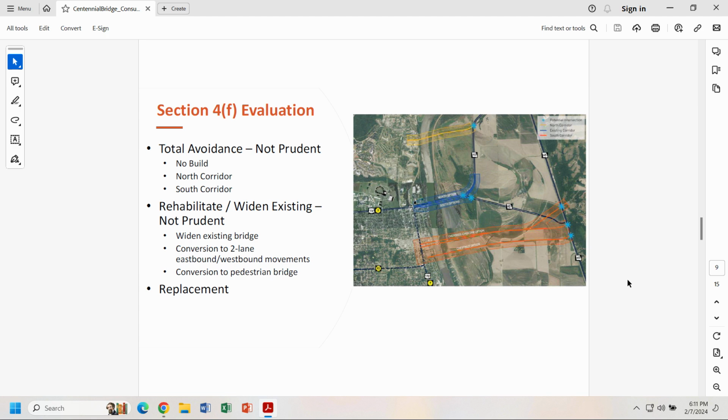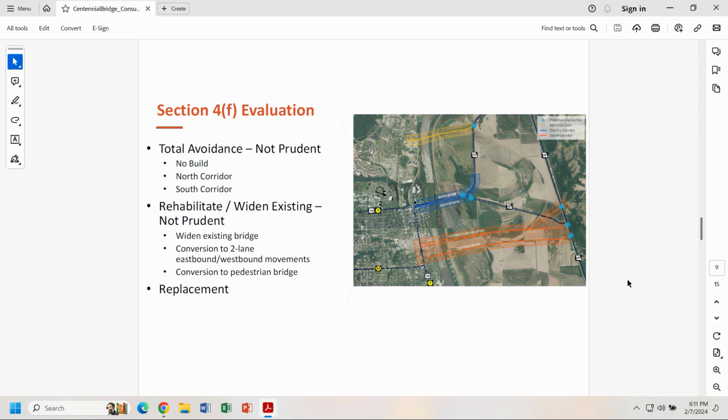So 4(f) says, again, you have to show that you looked at alternatives to not impact the bridge, and you have to show whether or not those alternatives are prudent. So we looked at some total avoidance alternatives. We don't touch the bridge at all. One of those is the no-build alternative, and then we also looked at a north corridor and a south corridor.